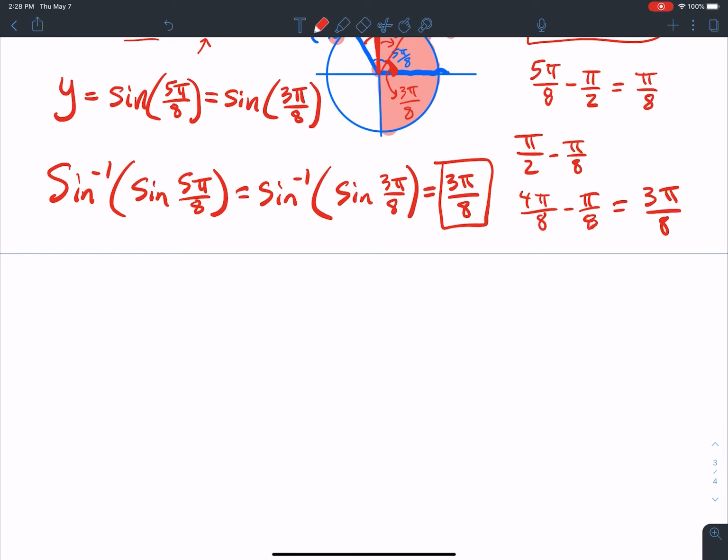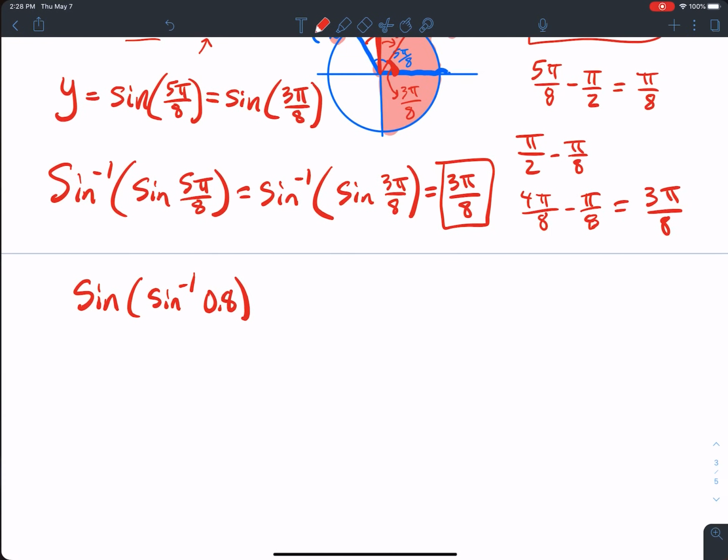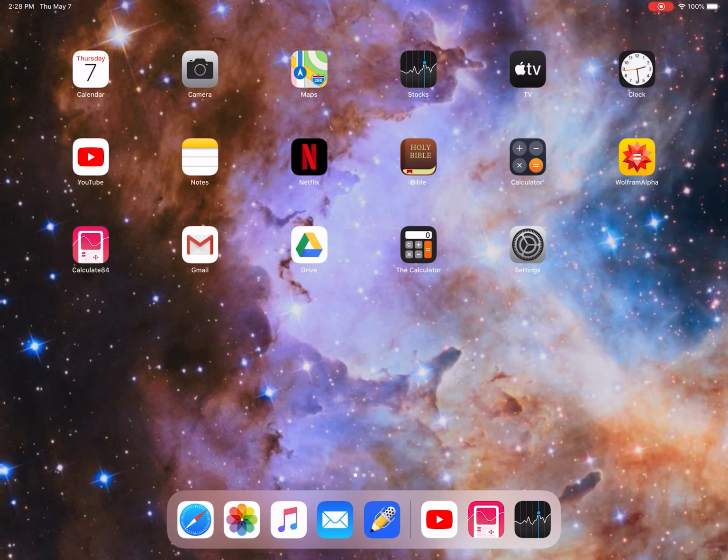Just a couple more. If I want to find the sine of sine inverse of 0.8, now if I was going to use this in a calculator, let's try it out.